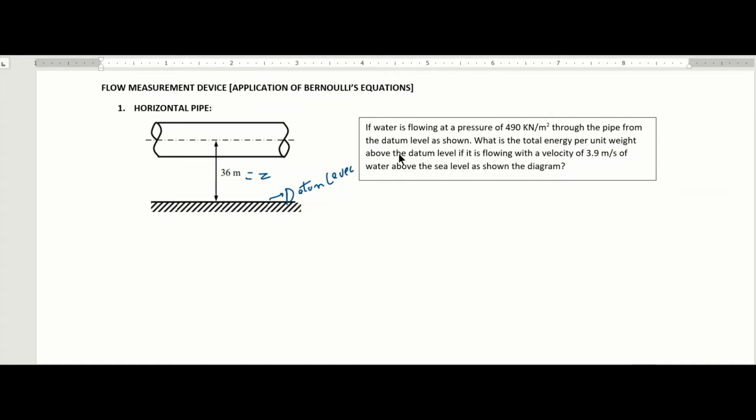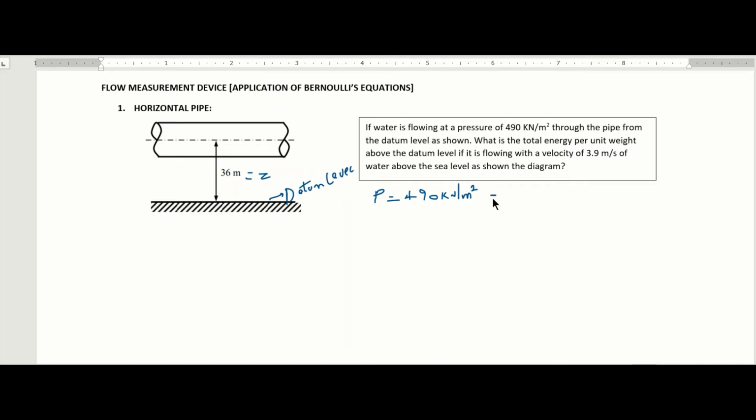So here we are given a question. If water is flowing at a pressure of 490 kilonewton per meter squared, I can write my given data. So our pressure is 490 kilonewton per meter squared.